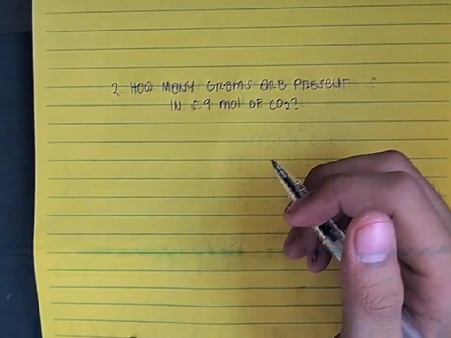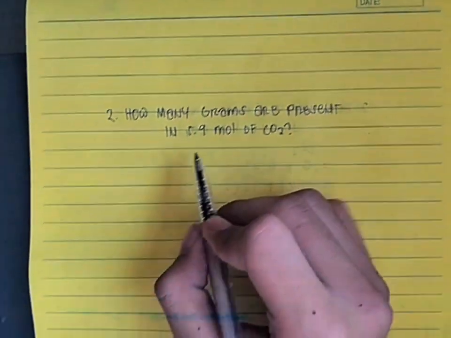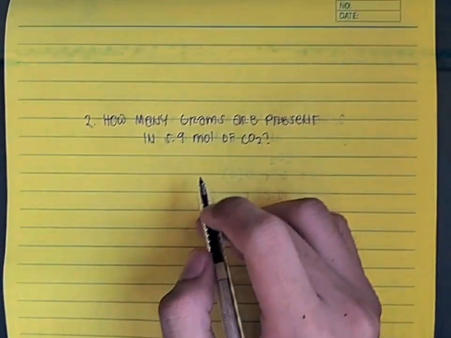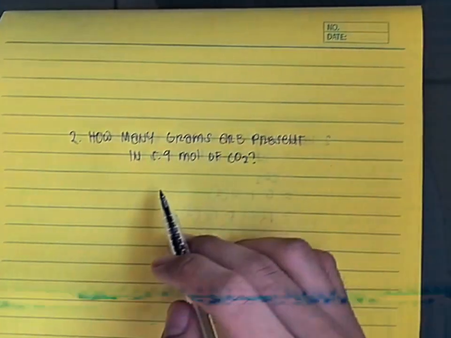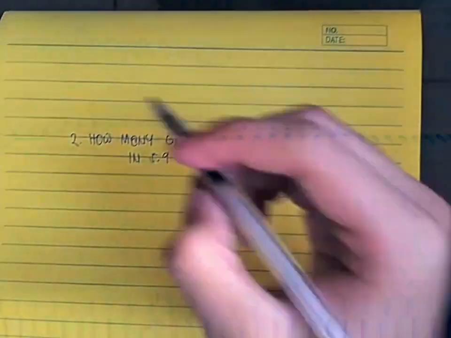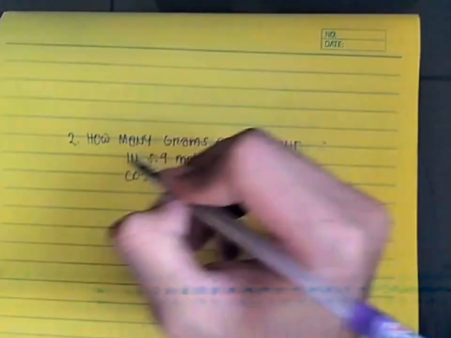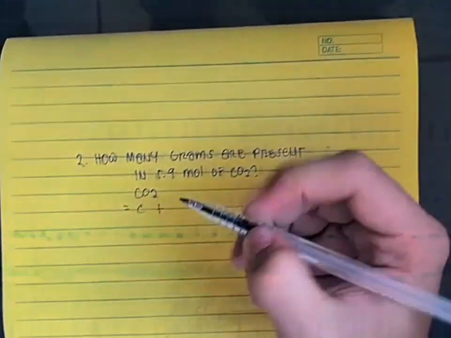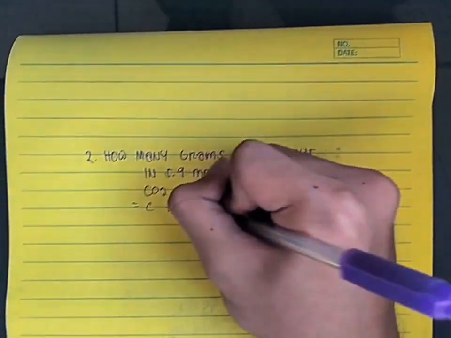In the second problem, how many grams are present in 5.9 moles of carbon dioxide? First thing we need to do is find the molar mass of carbon dioxide. CO2 is equal to C plus O times 2.